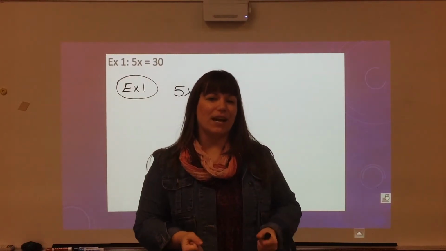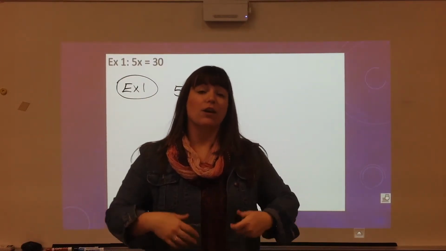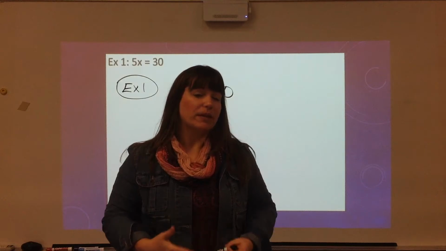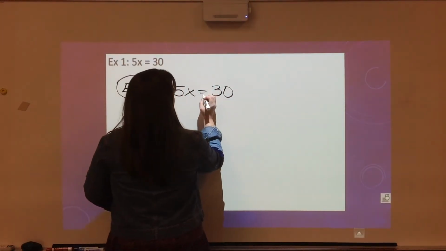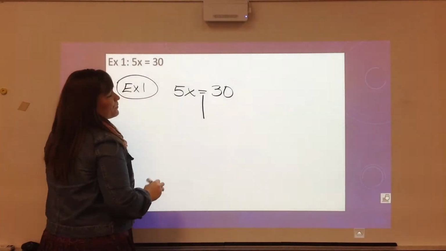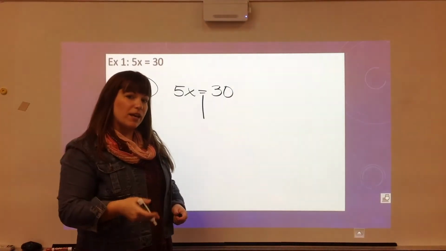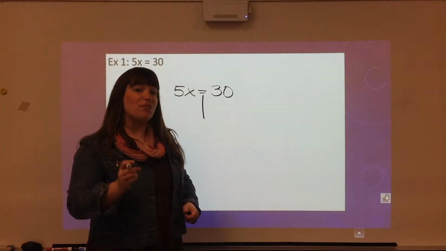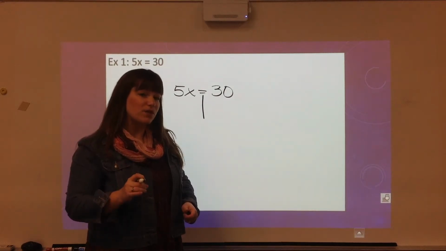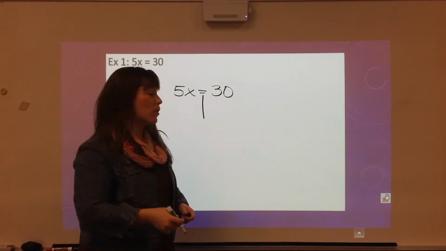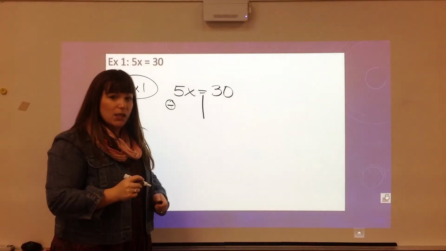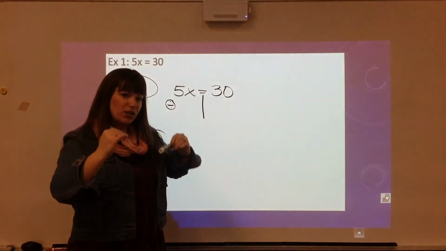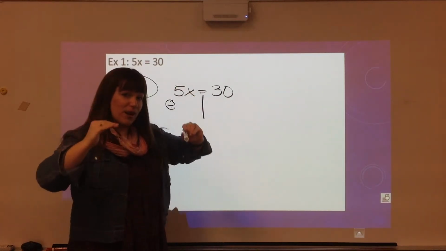Because the 5 and the x is being multiplied together, to get rid of the multiplication, we have to divide. We are going to split this down the middle just like before. And since division can be written as a fraction, that's the form of the division that we're going to show. We're not going to use that symbol because we are doing things on either side, the right and the left.